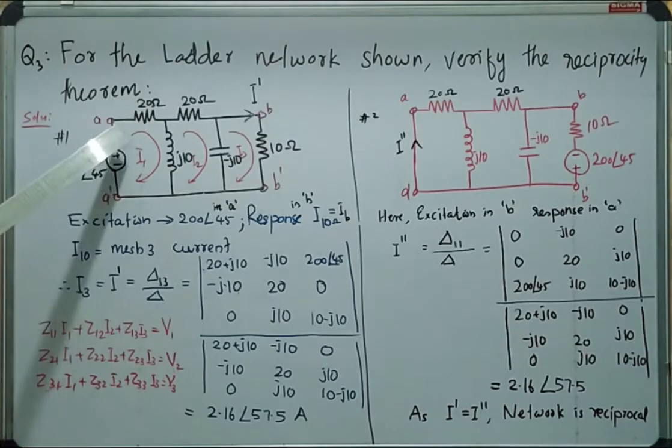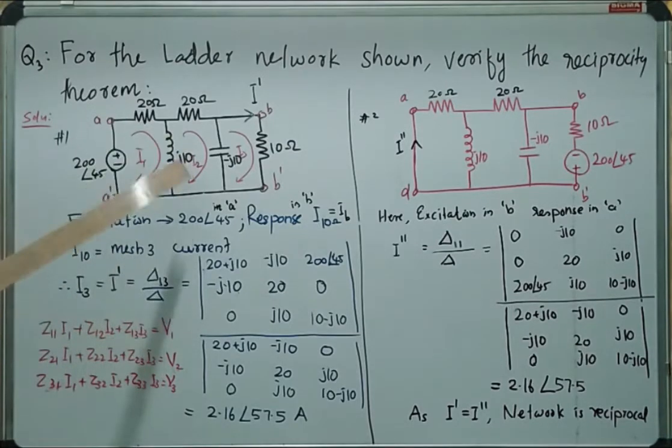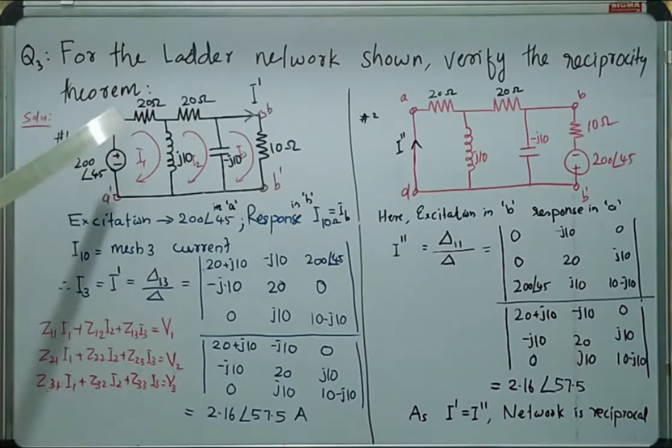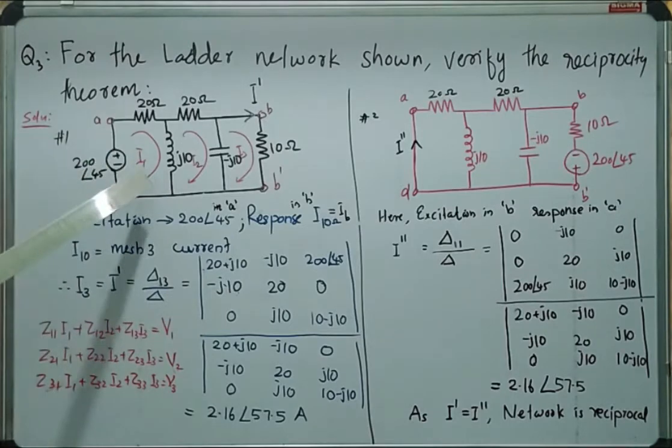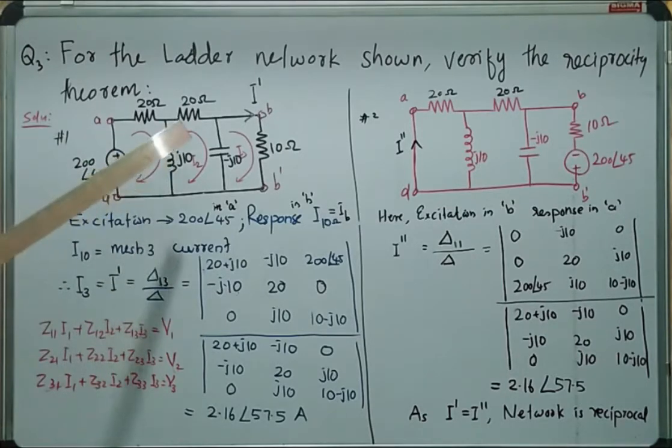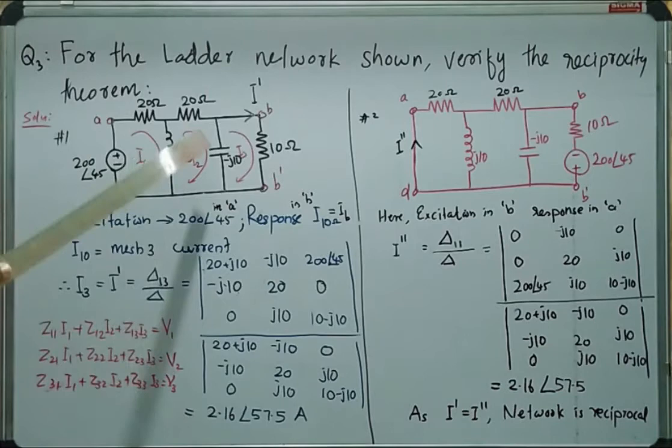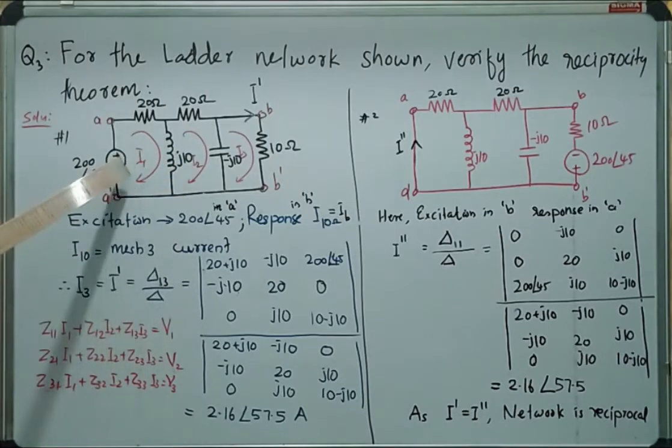For that, let's consider the current directions in mesh 1 and mesh 2. When we are considering a particular mesh, that mesh current needs to be taken as positive. So when we are considering mesh 1, I1 is positive. If the I1 direction through J10 is equal to the I2 direction, then we can take J10 as positive.